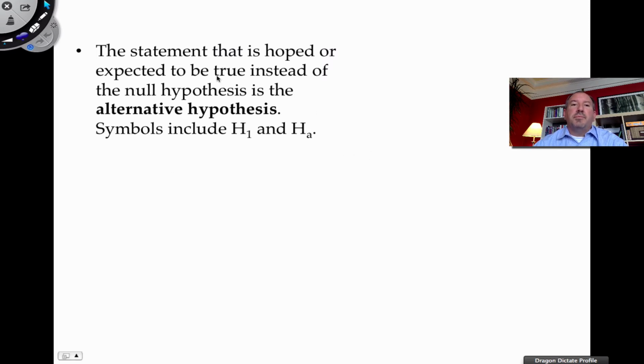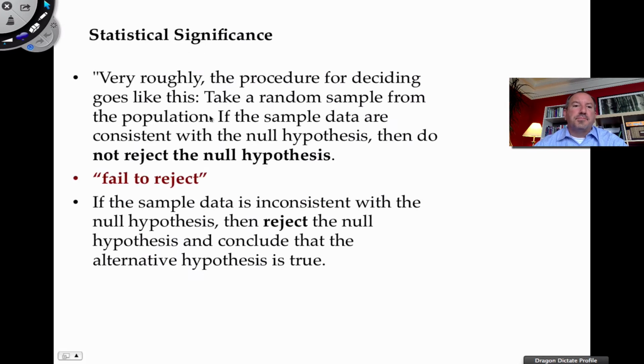The statement that is hoped or expected to be true instead of the null hypothesis, which is that there is no effect, is what we refer to in science as the alternative hypothesis. So we have that as H1 or H sub A. Okay, that's what we're hoping for.